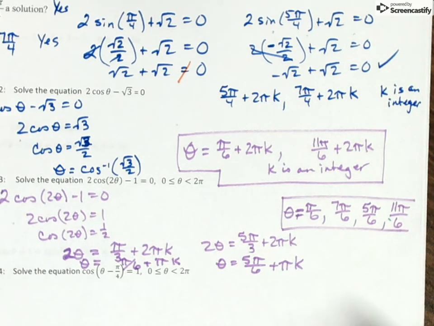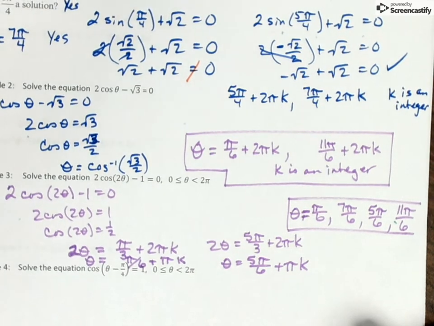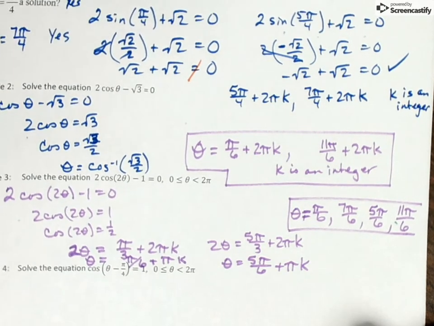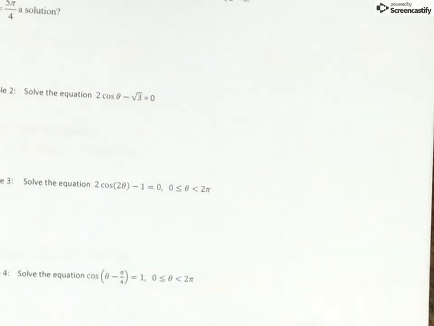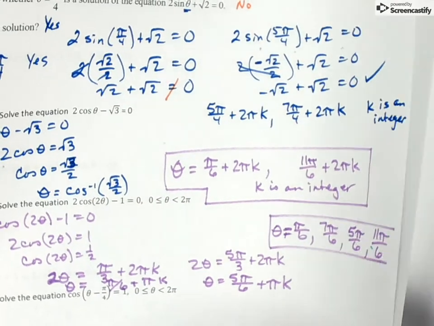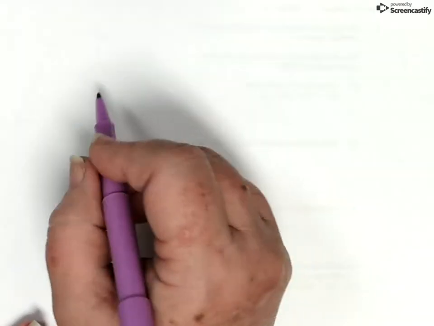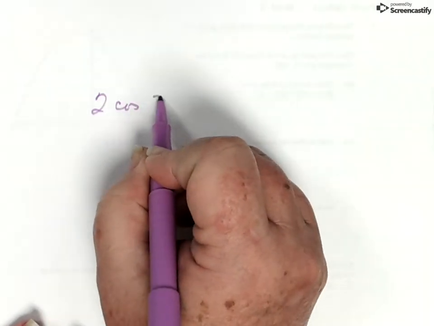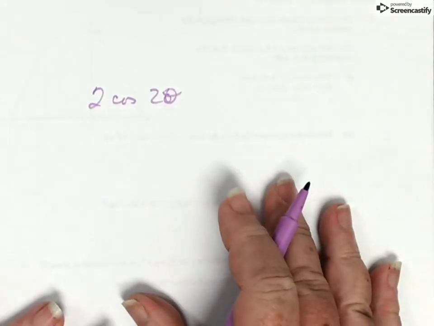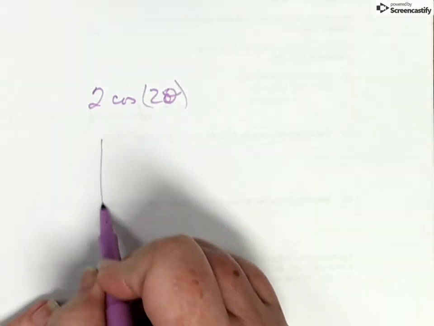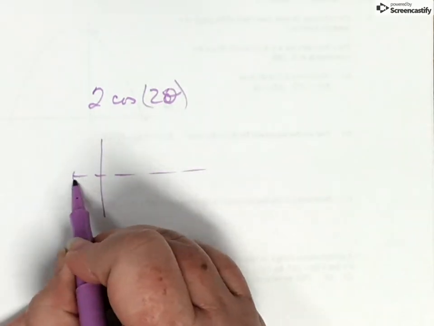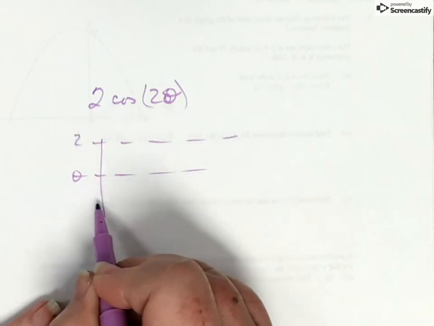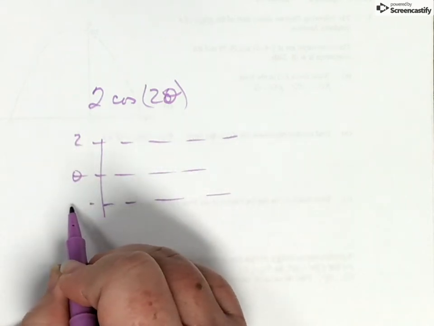Let's take a look at that from a different standpoint, from a graphing standpoint. What if I drew the equation 2 cosine of 2 theta? Well, when I draw that, my midline is at 0, my maximum is at 2, my minimum is at -2.